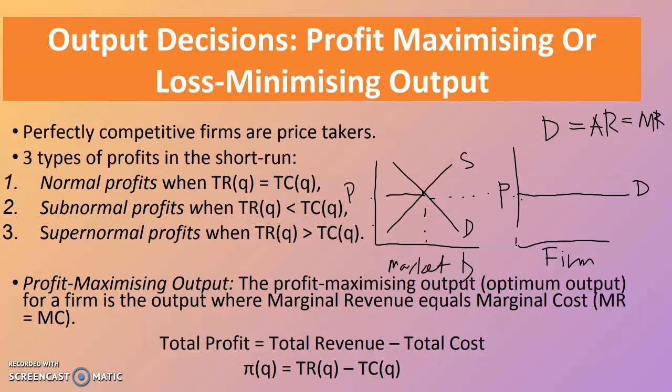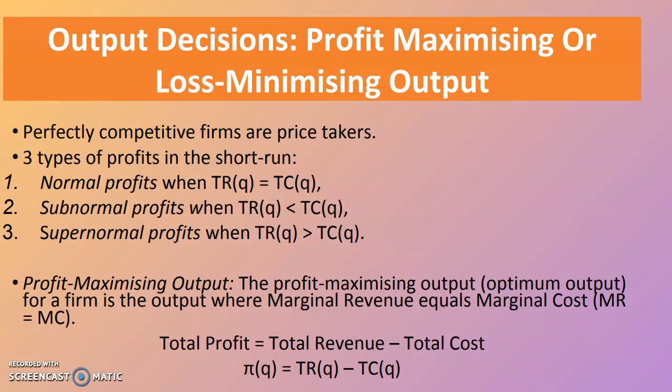When the price is fixed, the demand curve of the perfect competition is perfectly elastic. So that's why it is horizontal. The price under perfect competition is always constant.